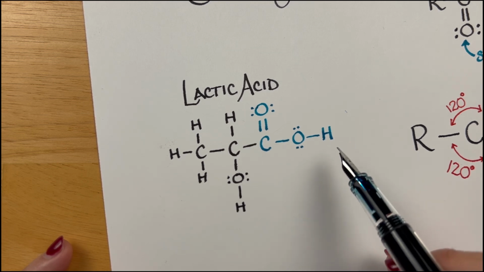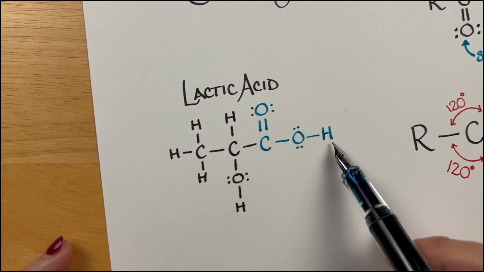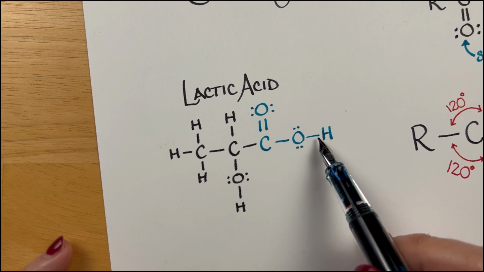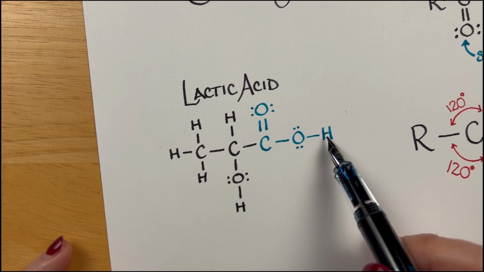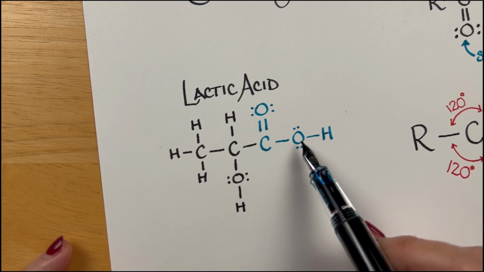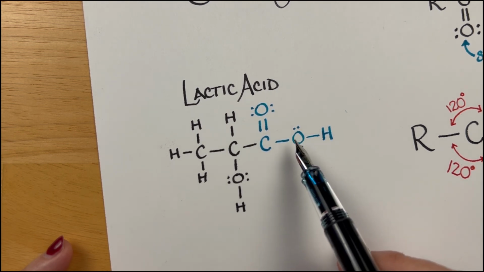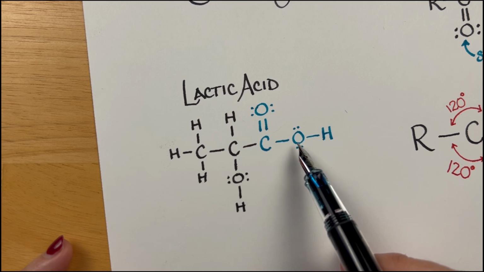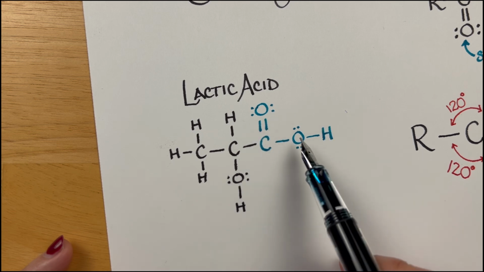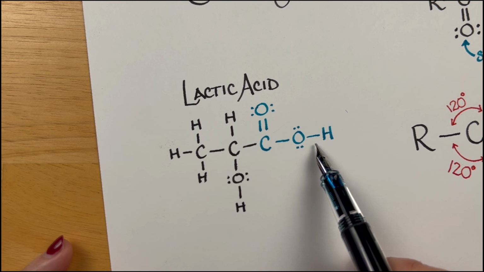By the way, it's called an acid because this hydrogen is called the acidic hydrogen. This bond is fairly weak, which allows the hydrogen to break this bond here with that oxygen. This is due to something called the inductive effect, where we have a very electronegative oxygen, this bond weakening a little bit.